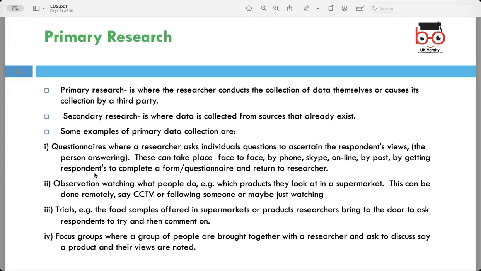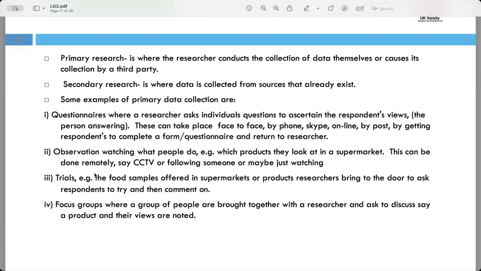Observation: you simply watch people's behavior. For example, you might observe which product customers look at in a store. Then product trial: think of free food samples in a supermarket. You give people something to try and ask for feedback. Focus groups: a small group of people come together to discuss a product or issue, while the researcher notes their opinions.